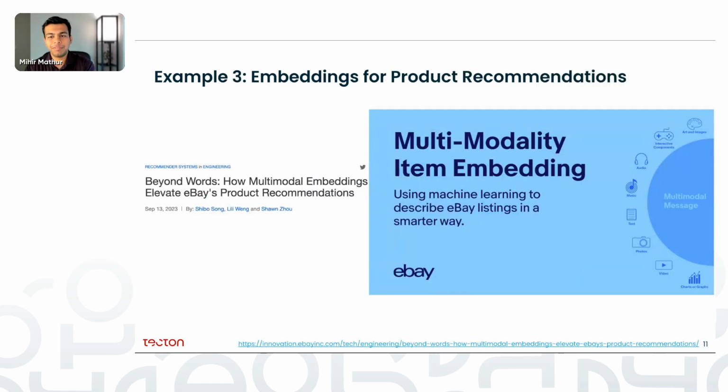Another example of embeddings in a business critical use case is this use case from eBay for product recommendations. In this use case, eBay is using multimodal data to better express listings. What does multimodal mean here? That means using the text, using the images of an item.